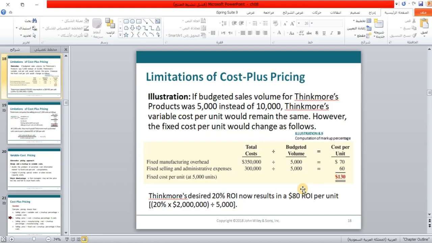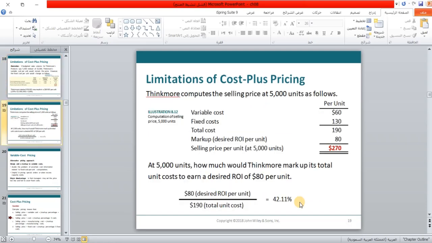Also, the markup per unit increases to 80. So the selling price is very high, $270, and the markup percentage is high, 42%.